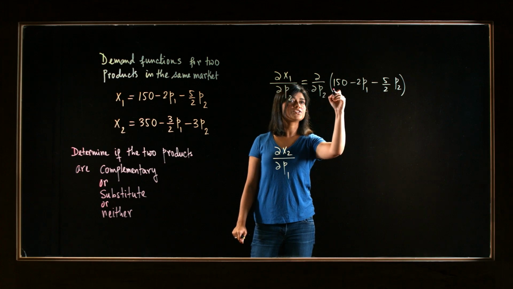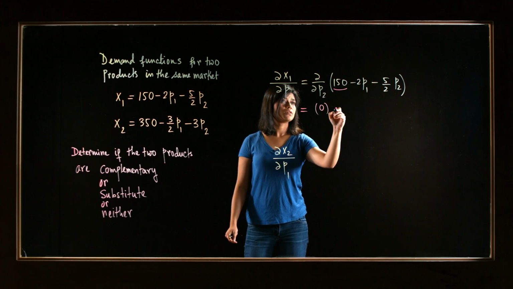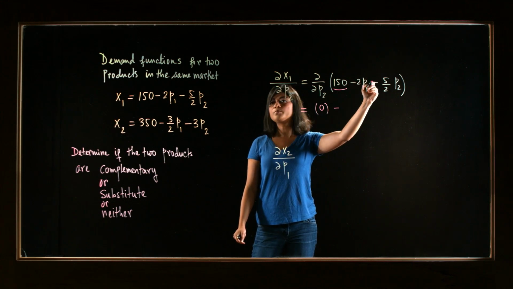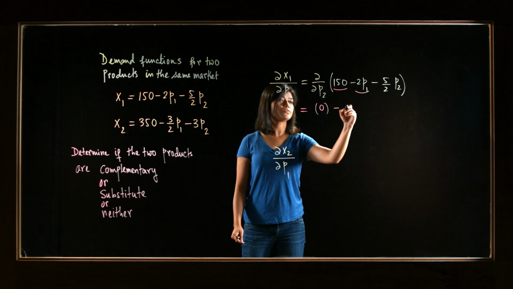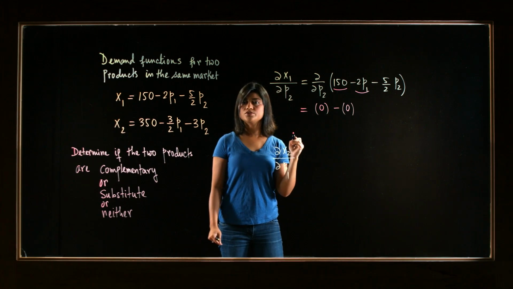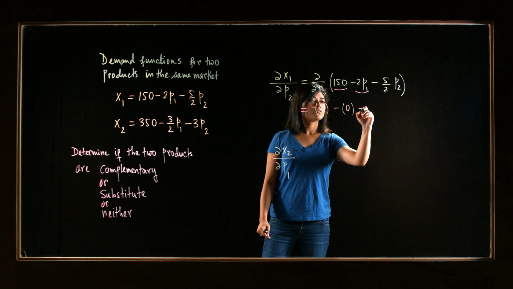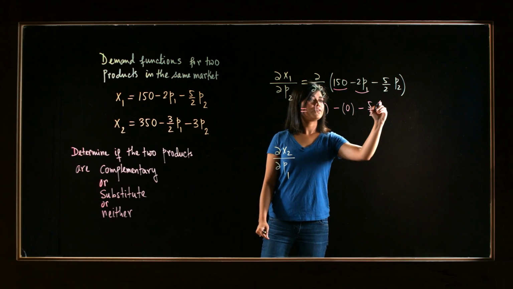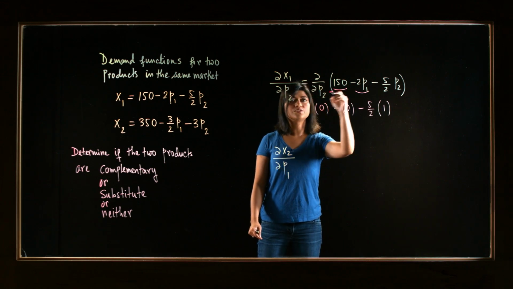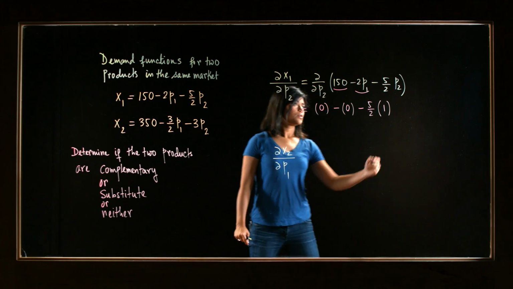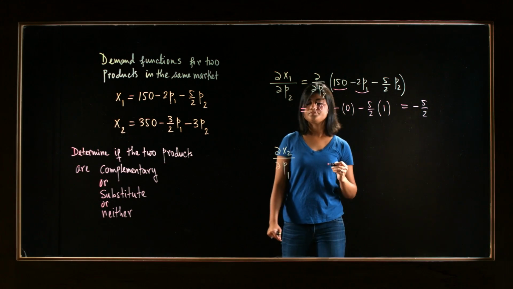So the first term is already a constant, so its derivative is 0. The second term, there is no p2, the entire thing is therefore a constant, so the derivative of that one is also 0. The last term, pull out the negative 5/2, and the derivative of p2 is just 1 because it's with respect to p2. And so we have negative 5/2.